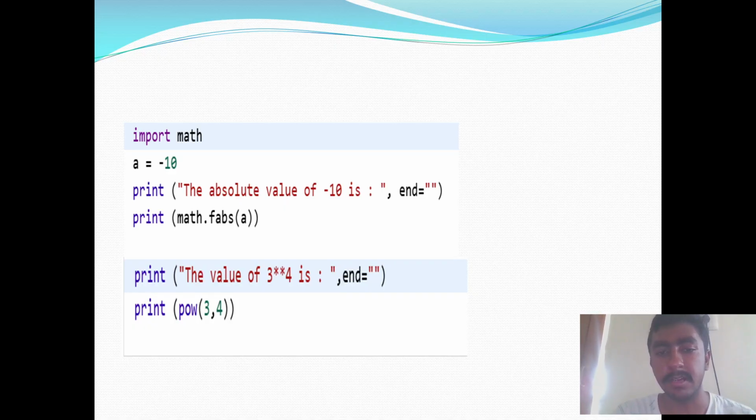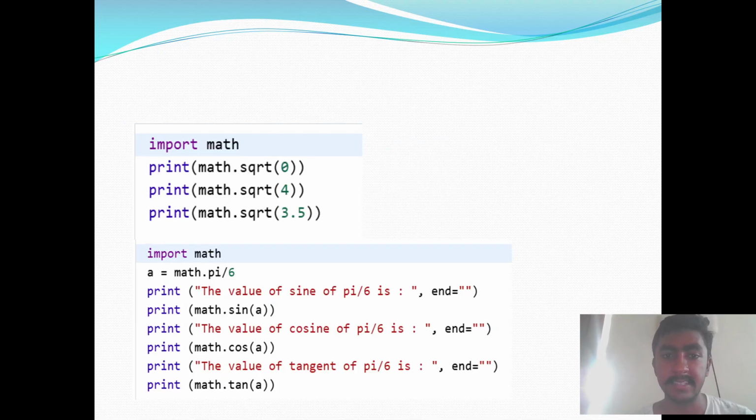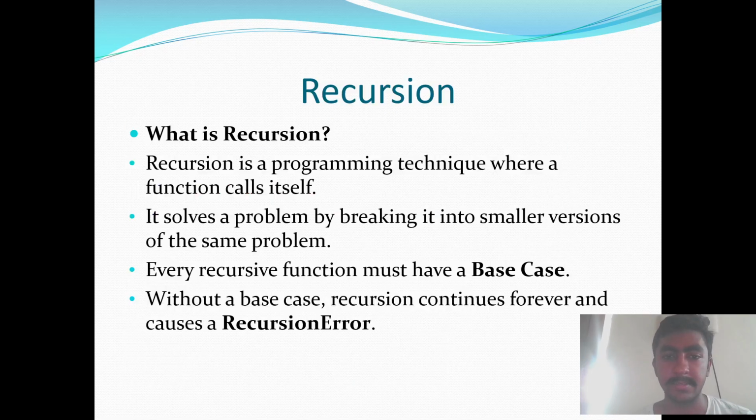Now, it's time to learn one of the most interesting concepts in programming, recursion, where a function can actually call itself. This may sound surprising, but by the end of this section, you will know exactly how it works. Now, let's move to one of the most interesting and at the same time one of the most challenging concepts in Python programming, which is recursion.